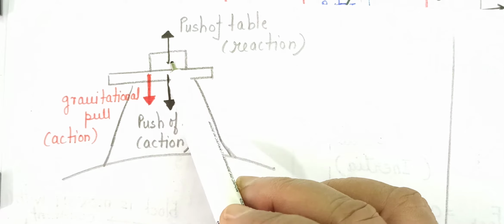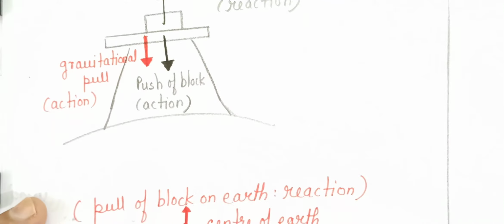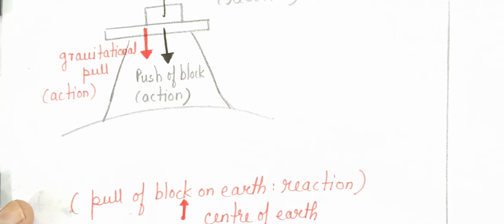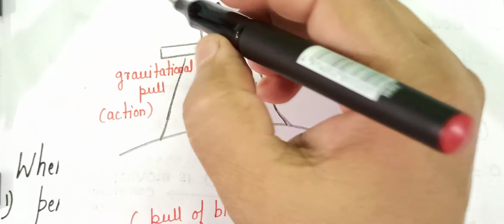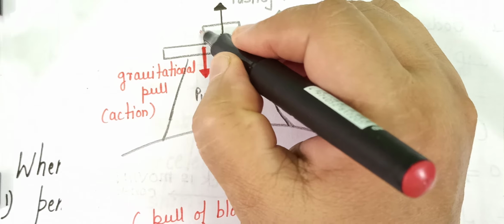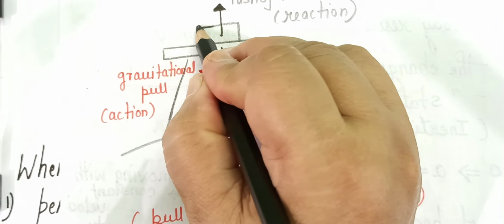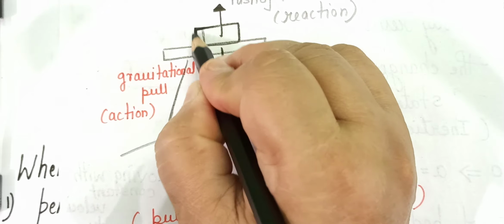But the block is pulled by gravity in the downward direction. That will be shown in this way. If I draw this block, till this point, let the block be of this size.